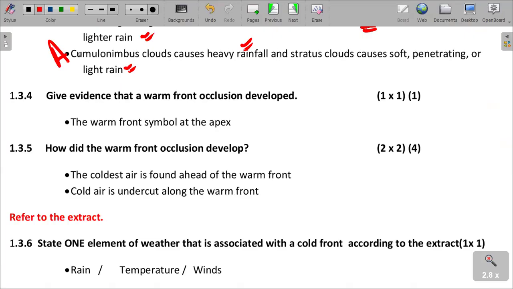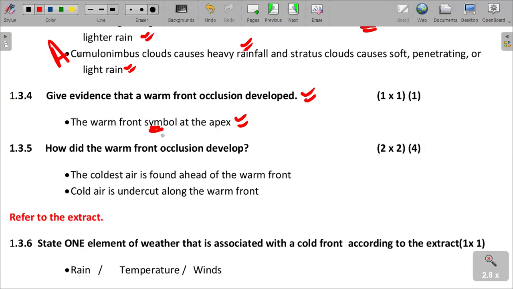Give evidence that a warm front occlusion developed. What happens there is you can actually see the symbols. Symbols are used to show the type of front.